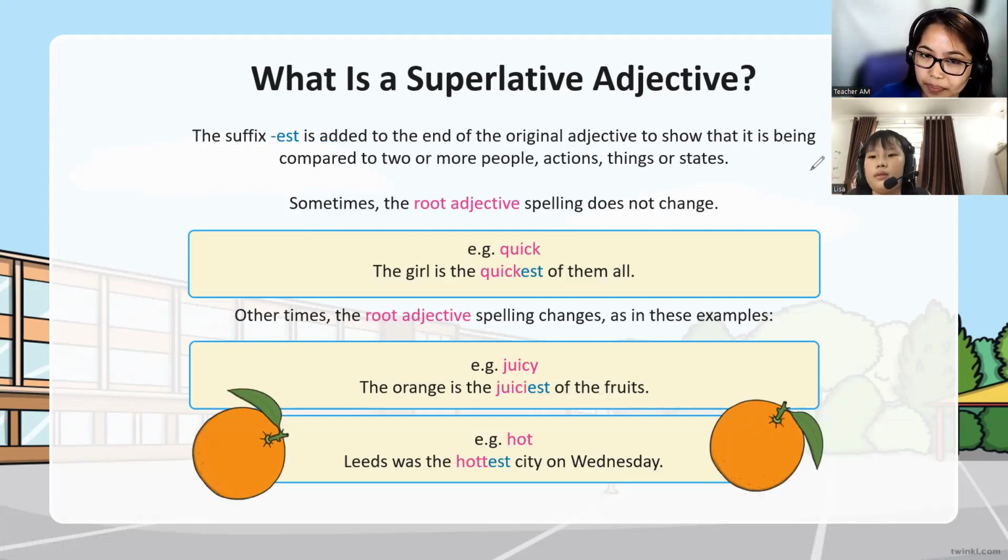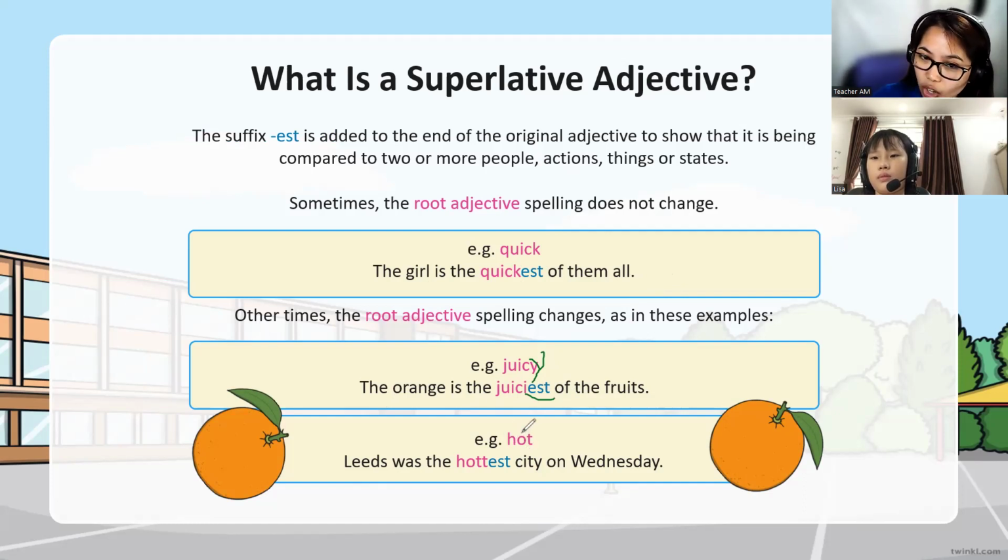Now here we have rules to follow. For most adjectives, if we use the superlative, we just add est, right? But for some cases, especially adjectives that end in y, we change y to i and add est.